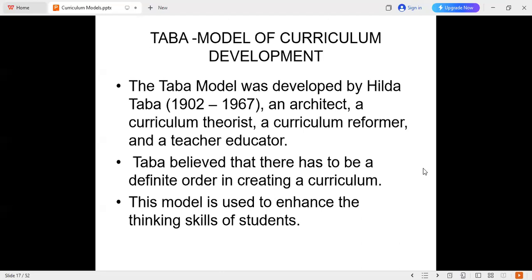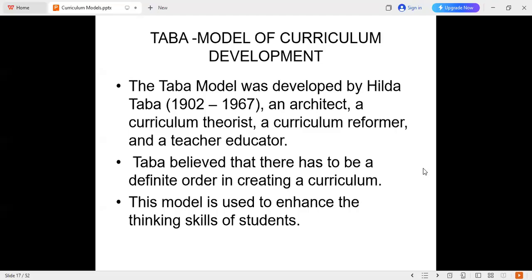Taba believed that there has to be a definite order in creating a curriculum. The previous person also introduced order. We'll see the problem Taba identified in the previous model. This model is used to enhance the thinking skills of students.